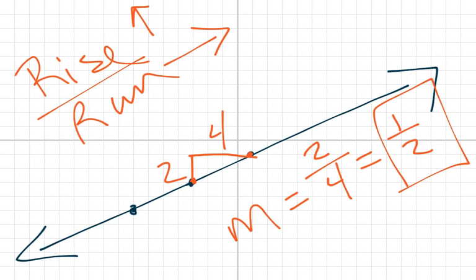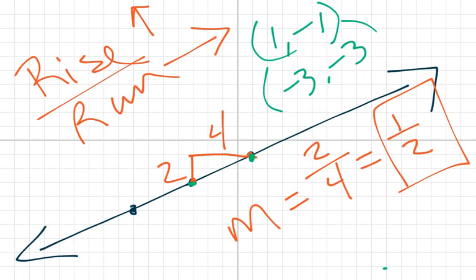You could also have taken those points and put them into stat. So this point here is (1, -1), and this point over here is (-3, -3). You could take your calculator, and remember it works a little different than the one when I do it on the computer.